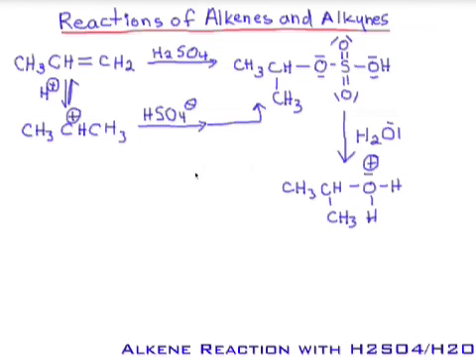And then we can have the H2SO4- come in, or even water come in and grab the proton. So H2SO4- could come in, leave as H2SO4, and you end up with your isopropyl alcohol.